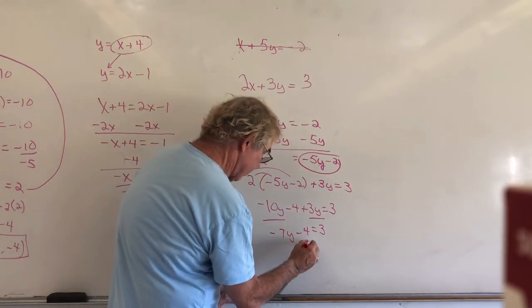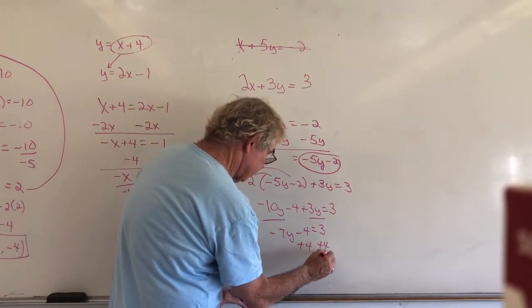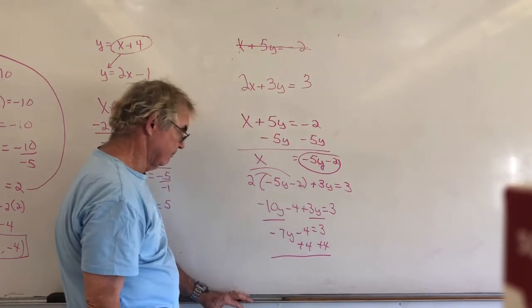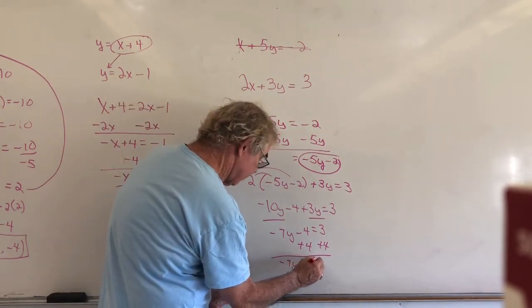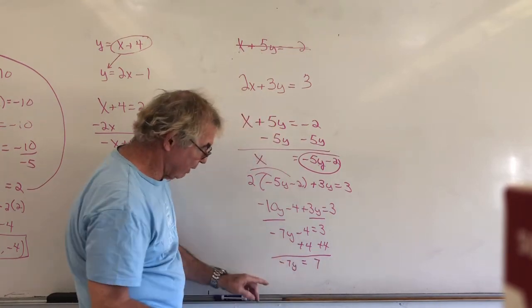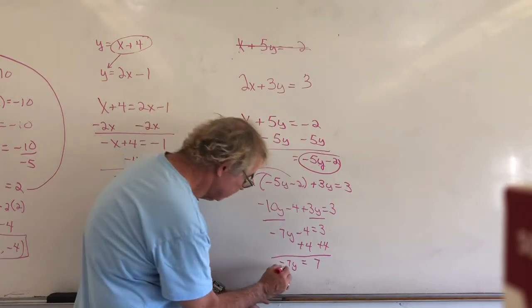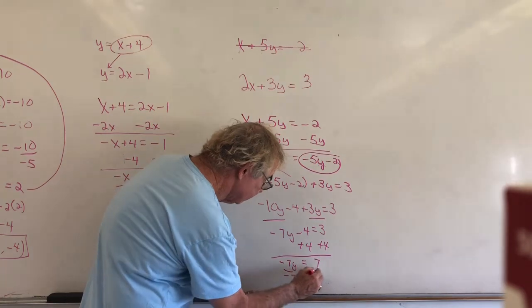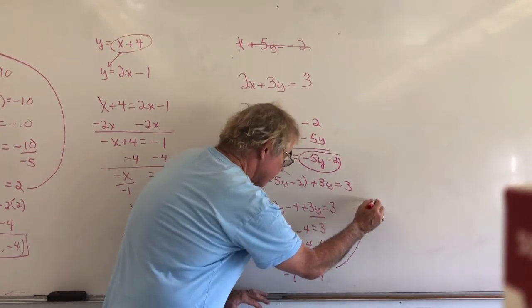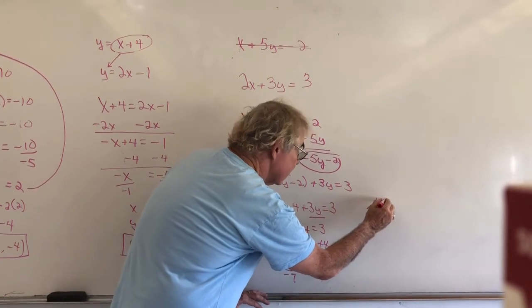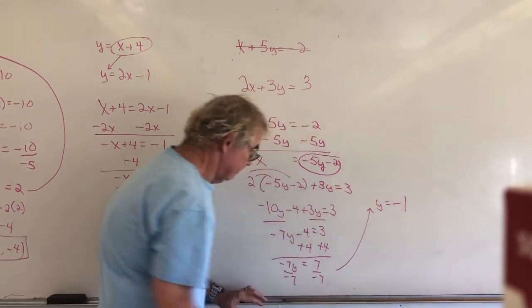Balance your equation by adding 4 to both sides. Negative 7y is 7. And then finally divide by negative 7. And let's come over here. You get y is equal to negative 1.